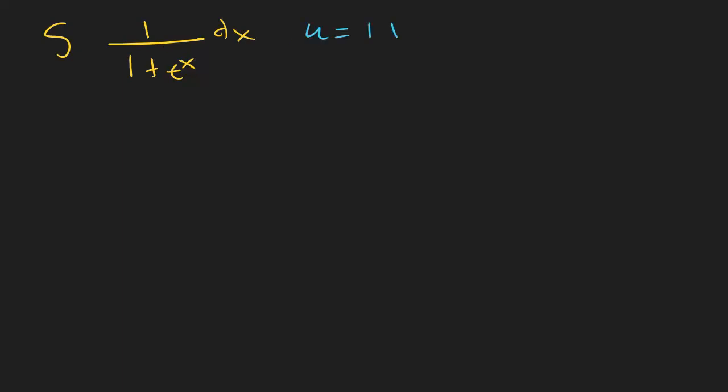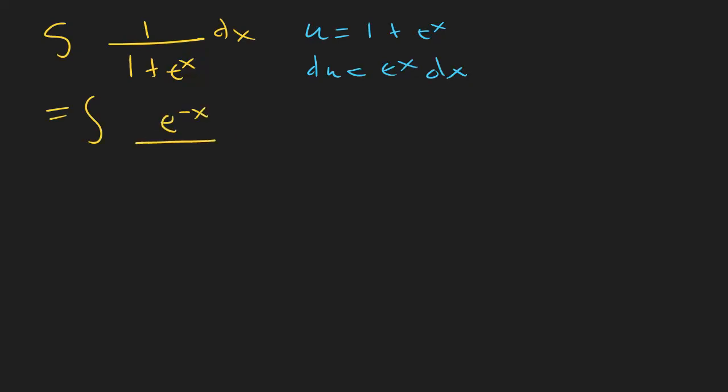So what we can do is just multiply the whole thing by e to the negative x. In doing that, we have the integral of e to the negative x divided by e to the negative x plus 1, and that's dx.